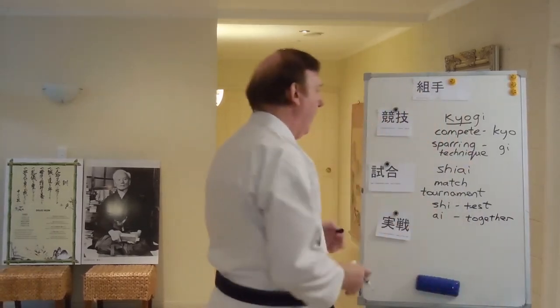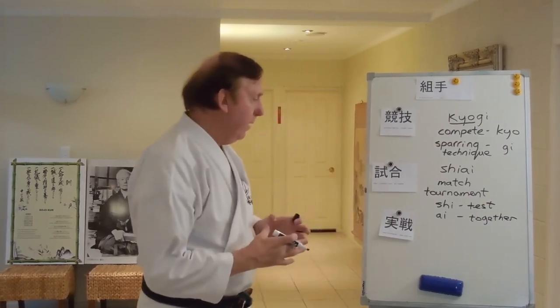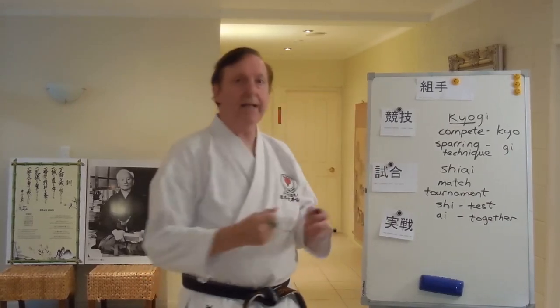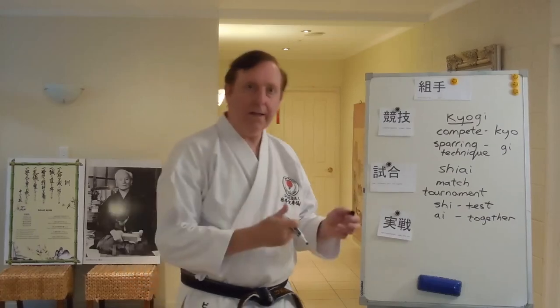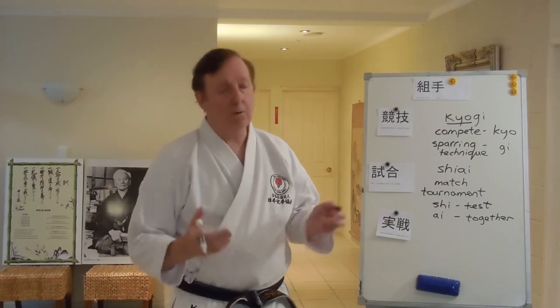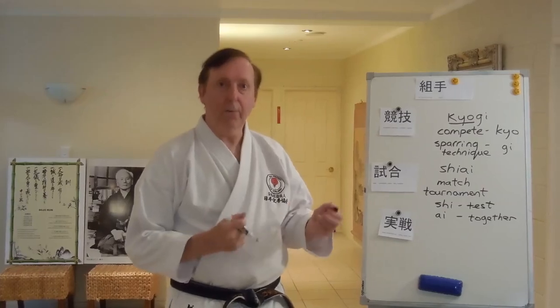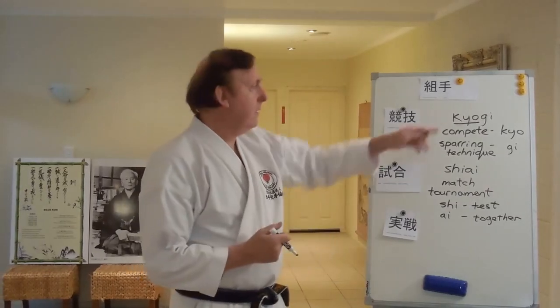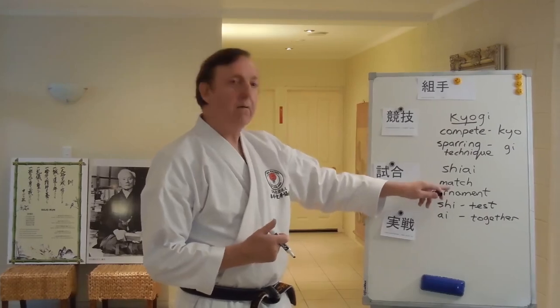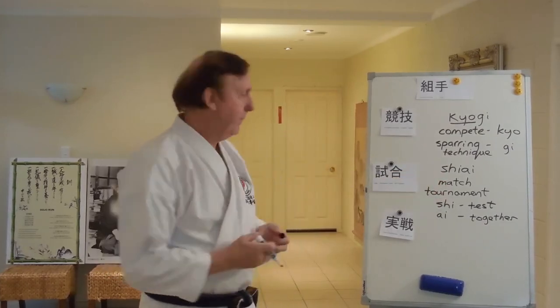Comes from the word ao, this one here, and this means to come together. So what we're doing is we're testing each other by fighting each other in a competitive arena in order to win or lose. But the idea of shiai is a match or a tournament as a test to compete against each other. So this is in the dojo, this is in the real hall training for a specific competition.